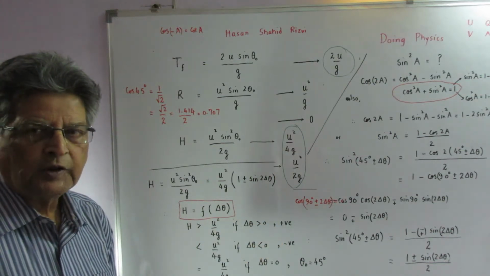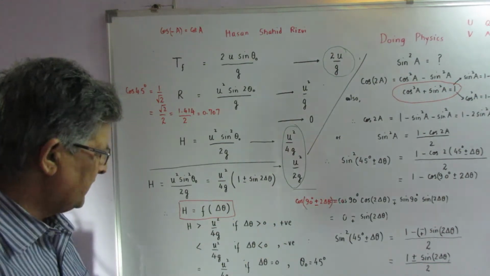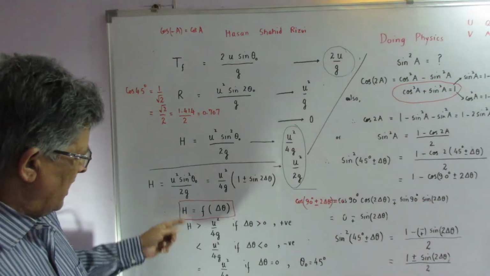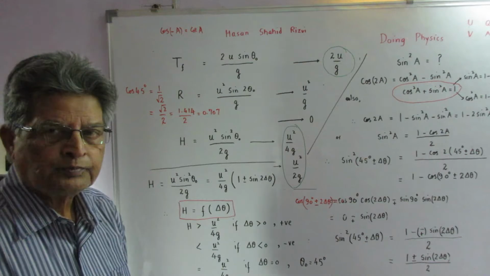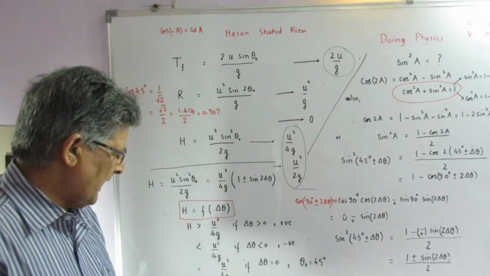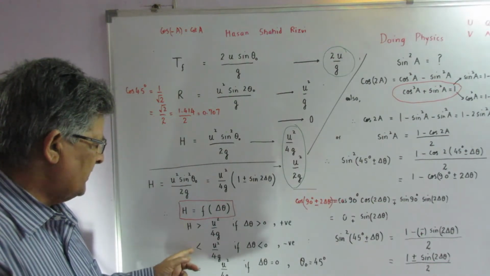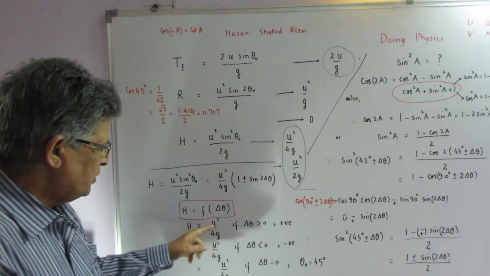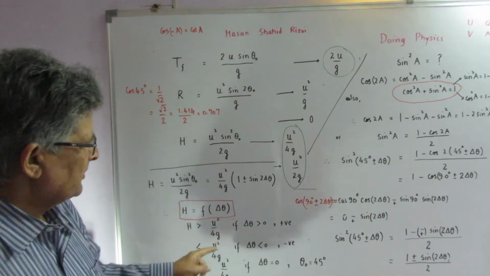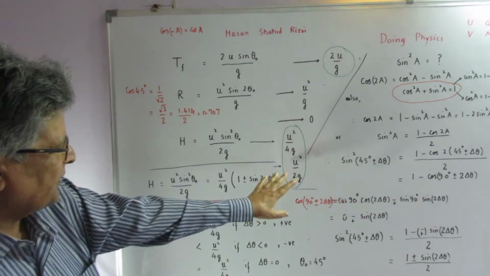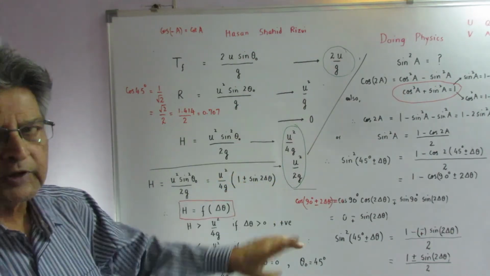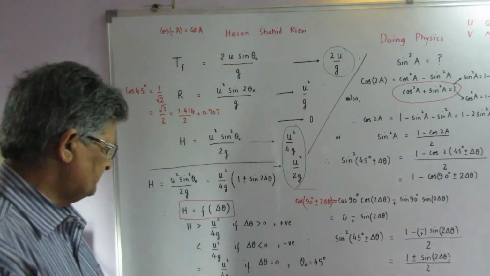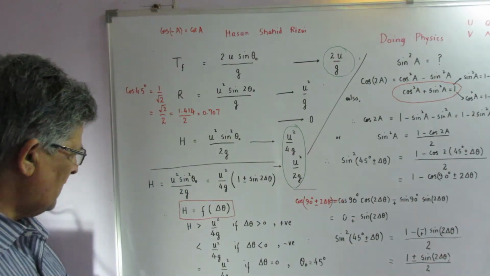Maybe 5 degrees, 2 degrees, 1 degree or whatever. But when delta theta is less than 0, that is, it has a negative value, then of course the height will be less than u square upon 4g, as there is a negative sign here, so 1 minus something will of course be a smaller quantity compared to 1.